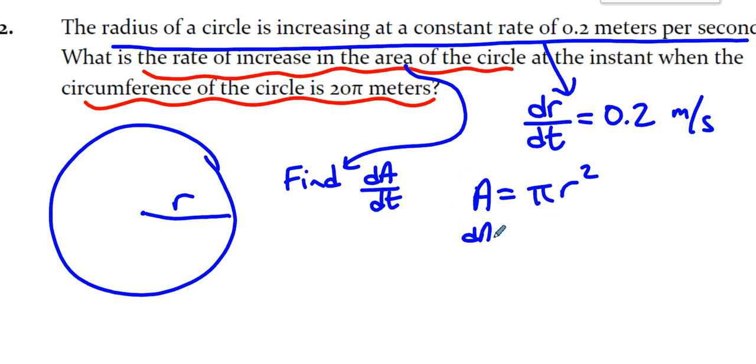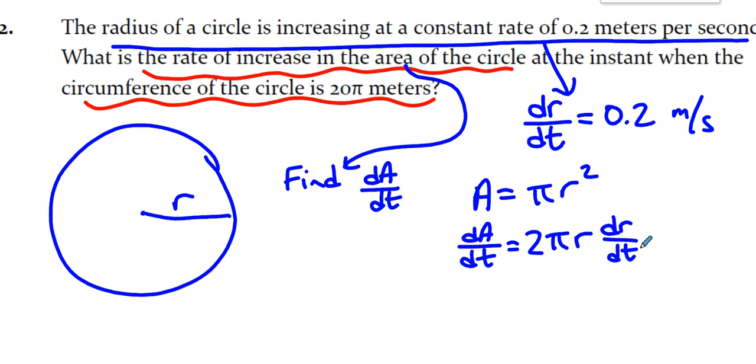The derivative of area with respect to time. What's the derivative of this thing? 2 comes down in front. Power decreases by 1. But the radius is not time, so we multiply by dr dt. Chain rule says that's what we've got to do.